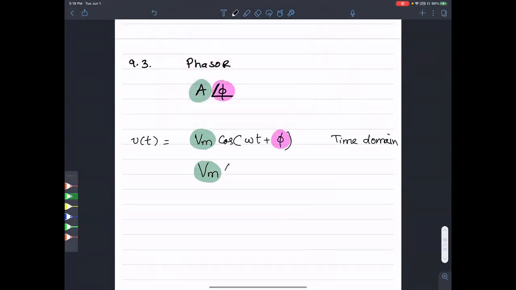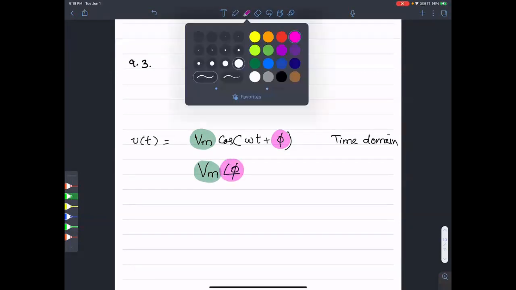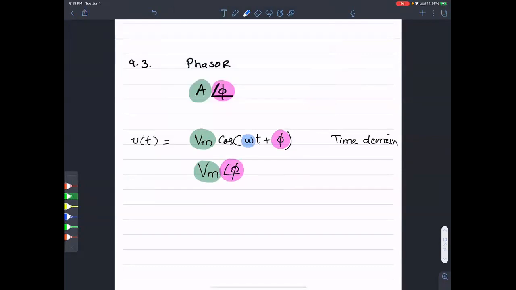If you can curate that information, we don't have to worry about omega, because that's the frequency that does not change between input and output. So this representation, this collection of amplitude and angle, is called the phasor or the polar representation.